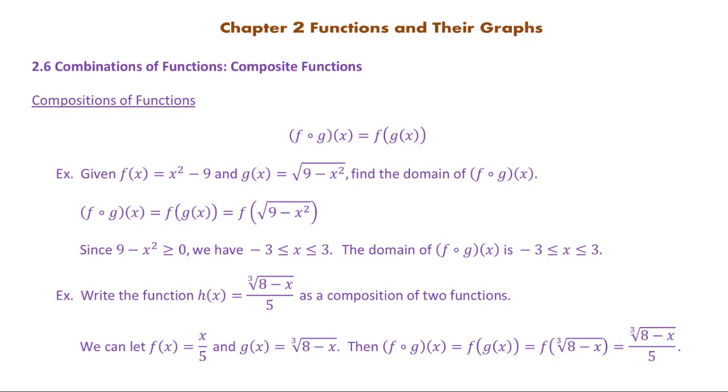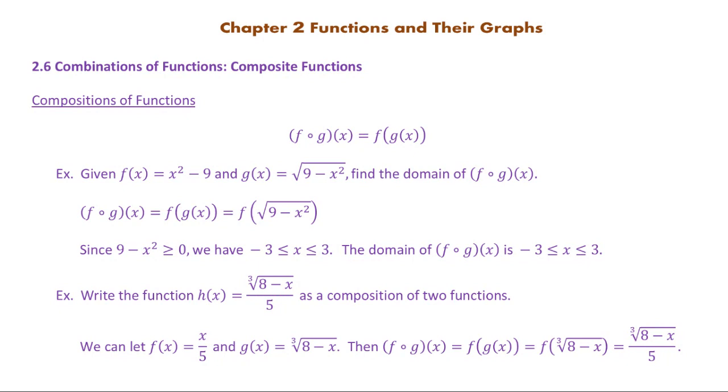If you solve this inequality, you can get x greater than or equal to -3 and less than or equal to 3. So x between -3 and 3, including both -3 and 3 at the end. So the domain of this function f circle g is just x greater than or equal to -3 and less than or equal to 3. Okay.